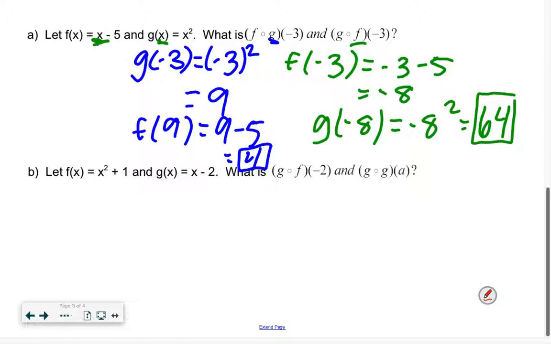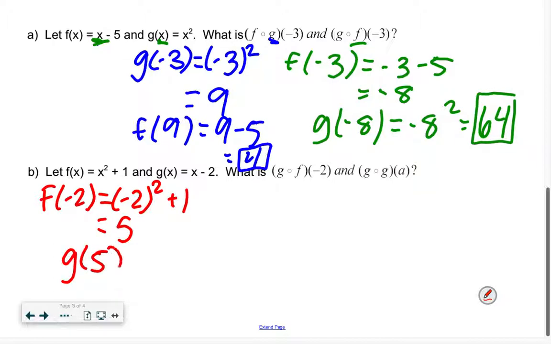So I got f of -2 is -2 squared plus 1. What is -2 squared plus 1? 5. Now what? Plug -2 in for g? No, plug 5 in. So I got 5 minus 2, so what is my answer? 3.